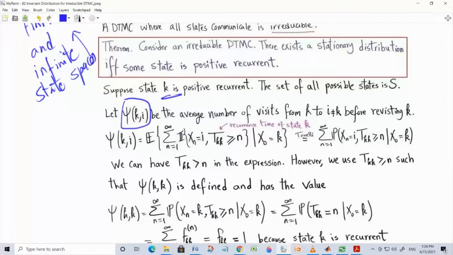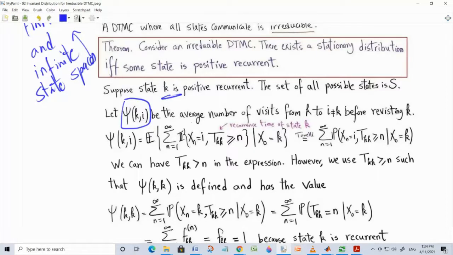In the meantime, between the initialization and revisiting K for the first time, you may visit state I. So psi Ki is the average number of visits of state I starting from K before, you need a constraint here, before revisiting K again.